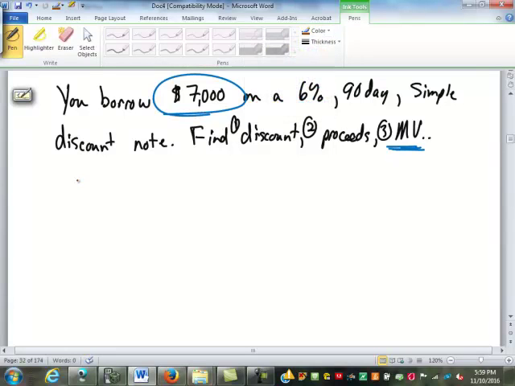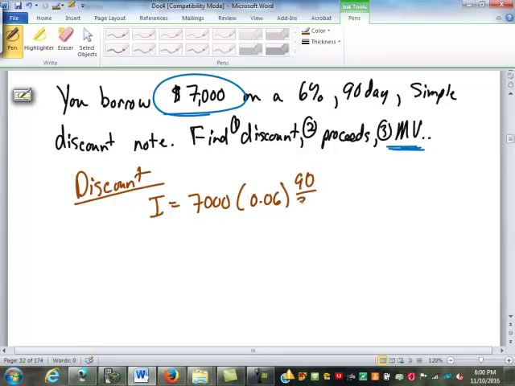So, first step to calculate is the discount. So our interest is going to be 7,000 times 0.06 times 90 over 360. What's that? $105. That is our discount.